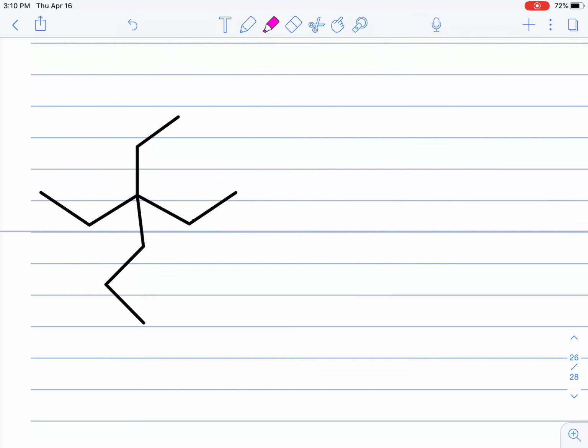So the first step is figure out the longest carbon chain. 1, 2, 3, 4, 5. Okay. I have a branching point. 1, 2, 3, 4, 5, 6. So it looks like 6 right now might be my highest value. So I have another branching point. 1, 2, 3, 4, 5. Okay. Now there's also another one where it's 1, 2, 3, 4, 5, 6.